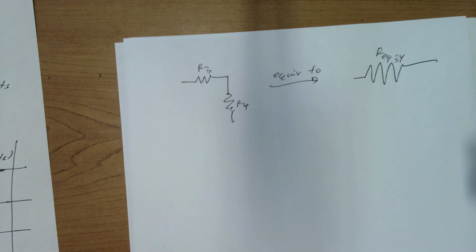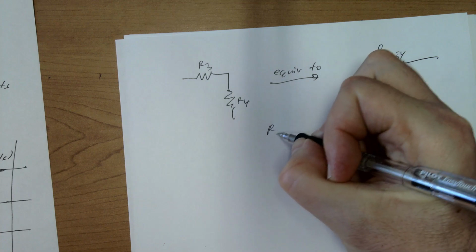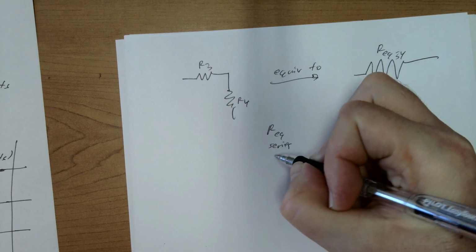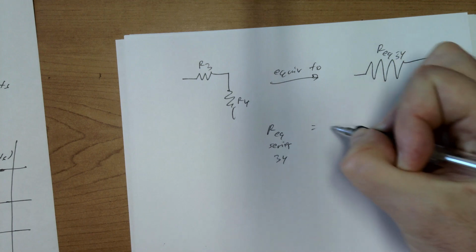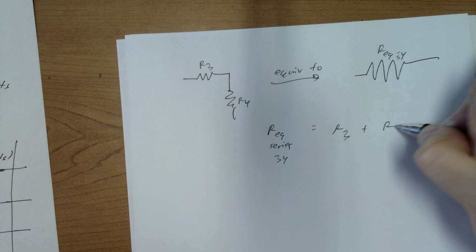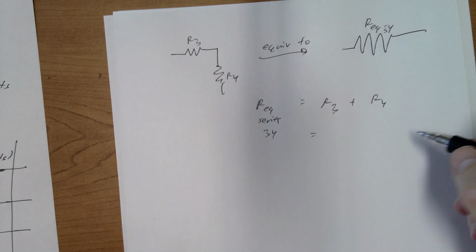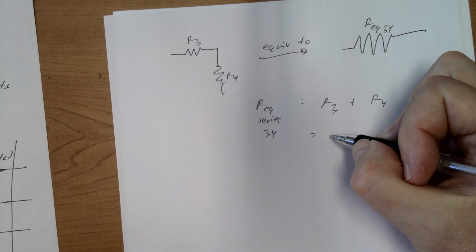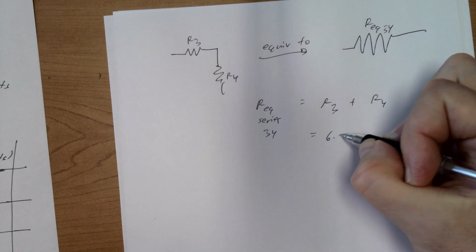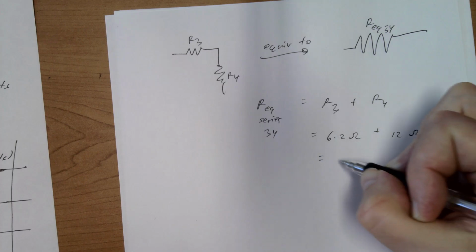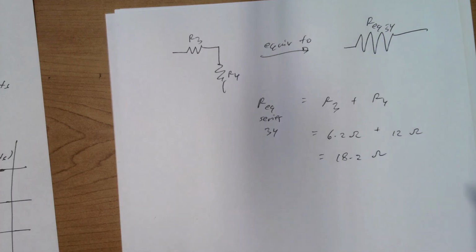I can use the equivalent resistance in series formula for resistors 3 and 4. I just add together resistance 3 and resistance 4 to get that total. And so that's going to be 6.2 ohms plus 12 ohms. So that gives me 18.2 ohms. So that's known.